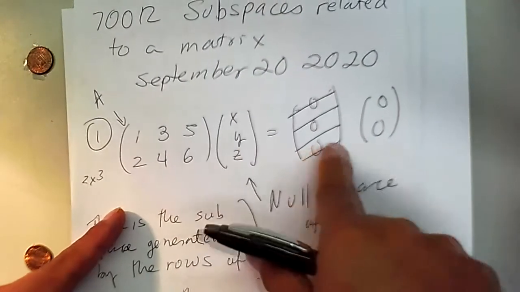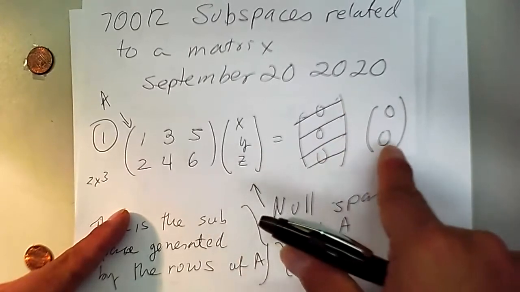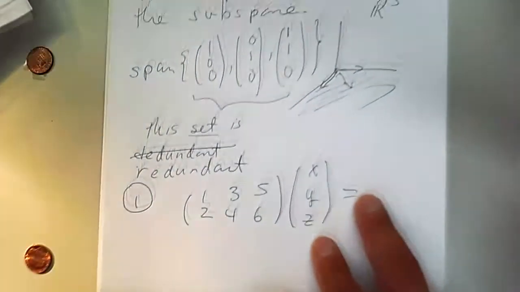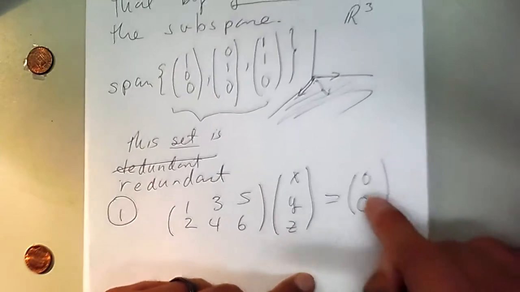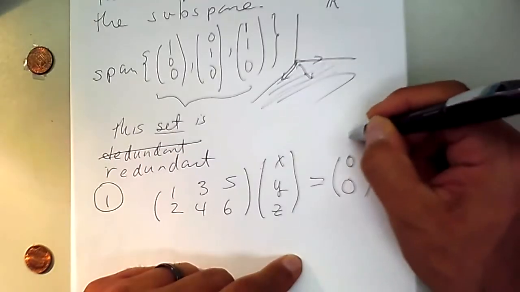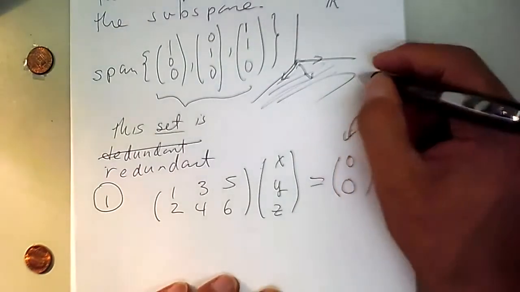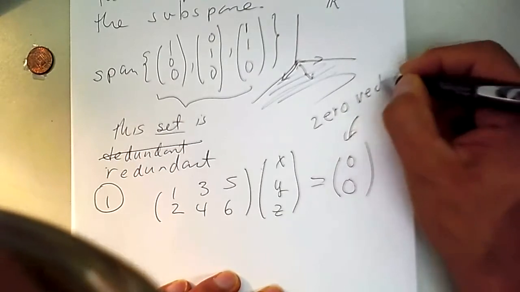Good thing I'm coming back to this, because the result should be a 2 by 1 matrix, not a 3 by 1 matrix. All right, so we want this to be 0. And generally speaking, we're going to label this as the 0 vector in whichever dimension we need it to be. So this is just going to be the generic 0 vector.